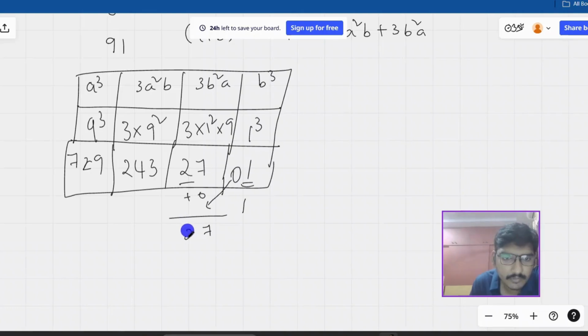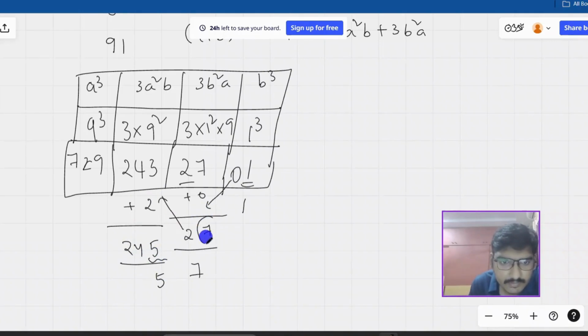After adding you will get 27, but you keep the 7 here, and you add the 2 here. After that you get 5 and 24, you keep the 5 here, the unit digit, right? You're always considering the unit digit, and you are putting it down, and the rest of the digits you are forwarding, right? You get 24 here, and adding these two you get 31, right?